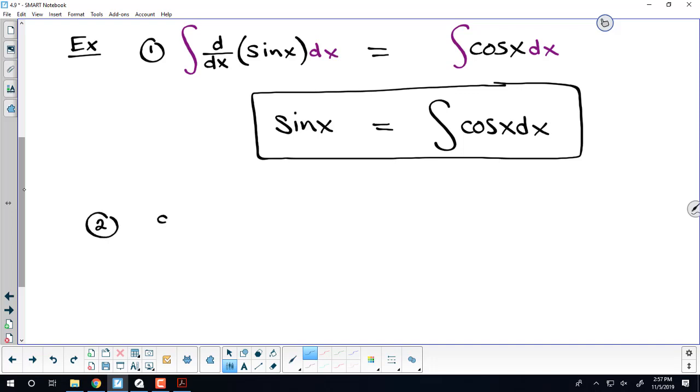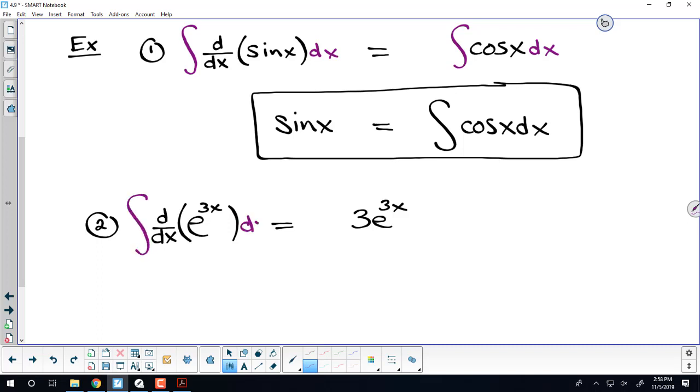If I know that the derivative of e to the 3x is 3e to the 3x, which again, we should know these derivatives, then I can also get an antiderivative formula by taking the antiderivative of both sides and getting on the left e to the 3x equals the antiderivative of 3e to the 3x.